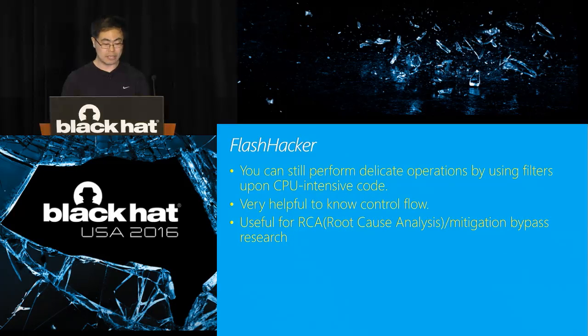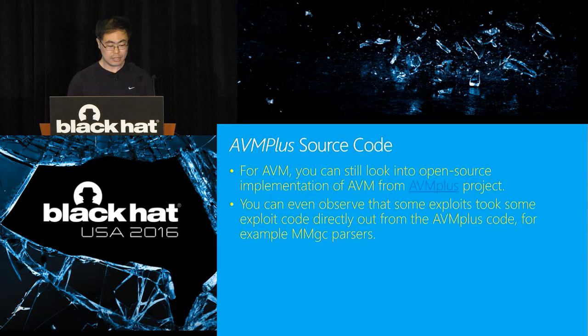But if you use it carefully, not instrumenting those CPU intensive or memory intensive code, you just filter them out, then it's a very useful tool for RCA, root cause analysis, or mitigation bypass research. I will show you the real world example where we used this tool in a later slide.